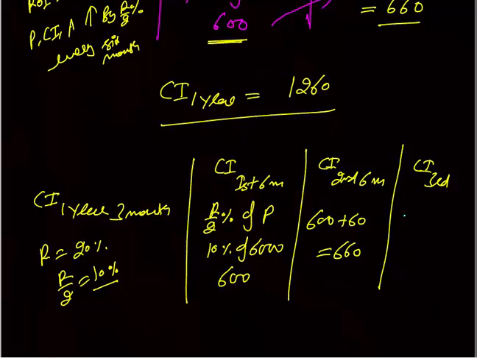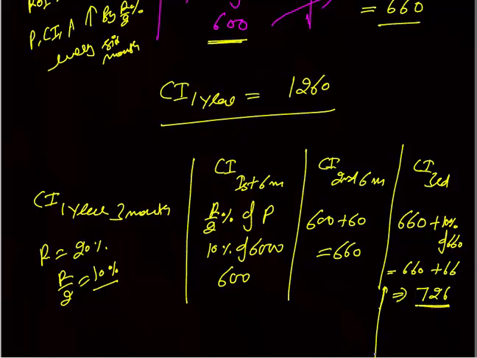660. Now 660 plus 10% of 660. This will be the third 6 months. So it will become 660 plus 66, which is equal to 726. 726 will be your compound interest for the third 6 months. But we want what for the complete period?